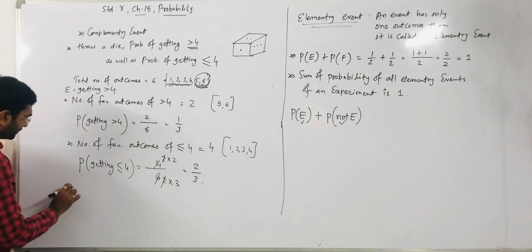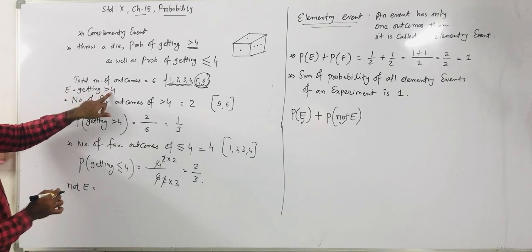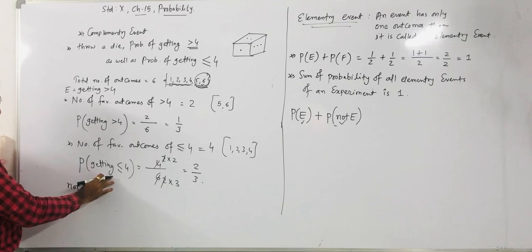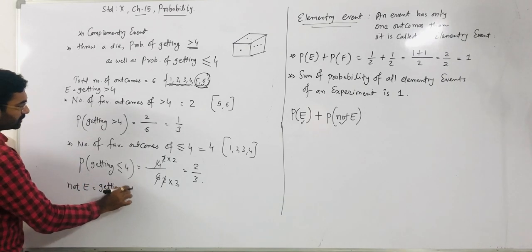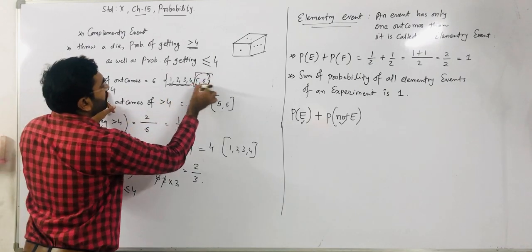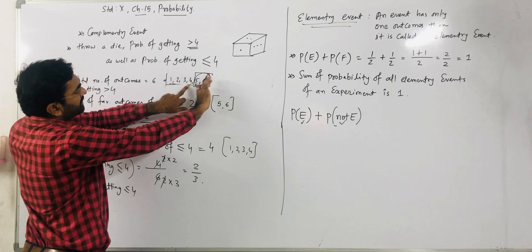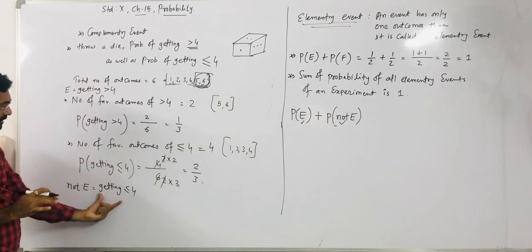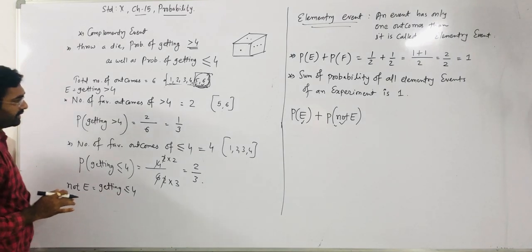Why not E event? Because getting greater than 4 is E, so not E means getting a less than or equal to 4. If greater than 4 is not there, it means it is less than or equal to 4. Right? So not E event is getting a less than or equal to 4 event.